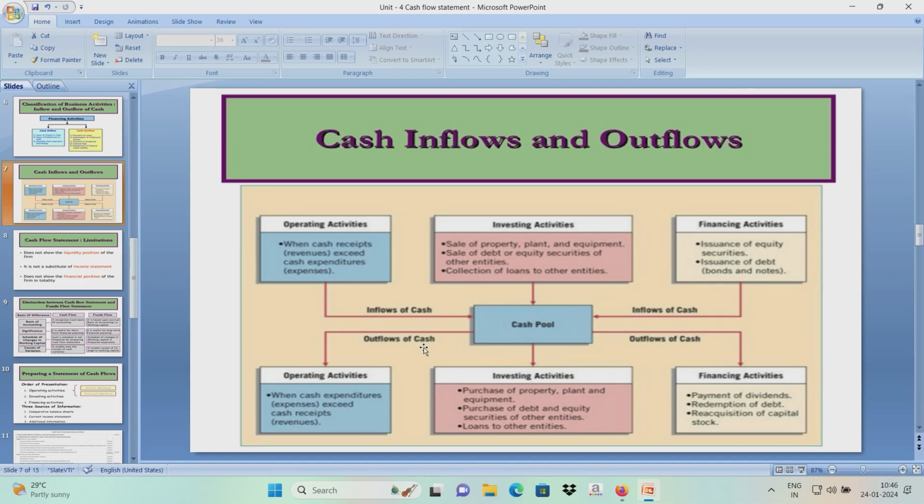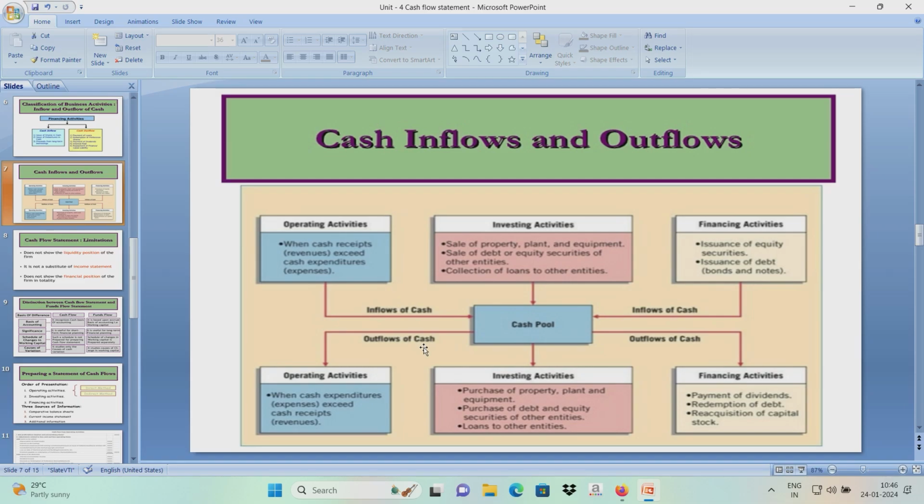Next is financing activity, that is issue of equity shares, preference shares, debentures, bonds. Any sort of shares or debentures or bonds we are issuing in the market comes under cash inflow. And outflows are repayment of loan, payment of dividend, or redemption of any shares.